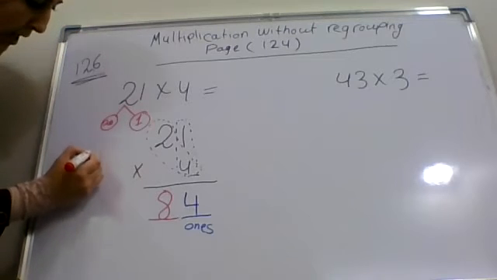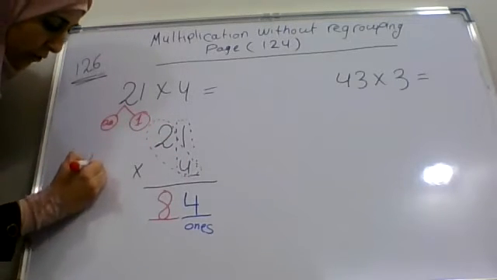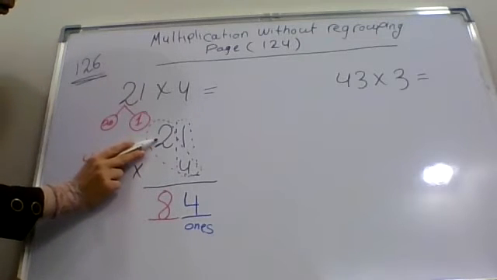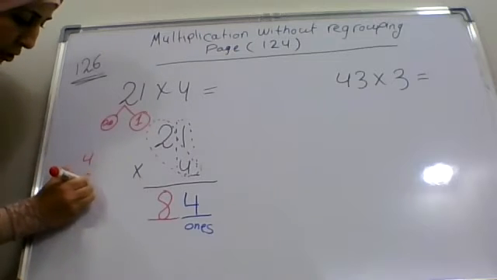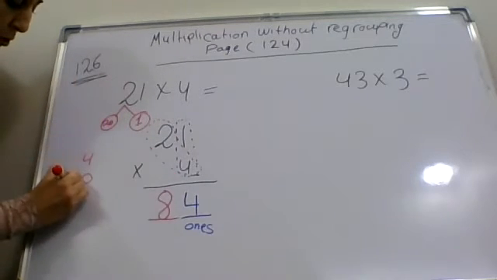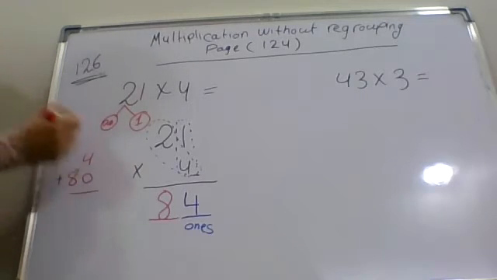If you multiply 4 times 1, it's going to be 4, right? If you multiply 4 times 20, you put the 0 in the answer, and then you multiply it with a 2, so the answer is going to be 80. You add them together, the answer is going to be 84, okay?